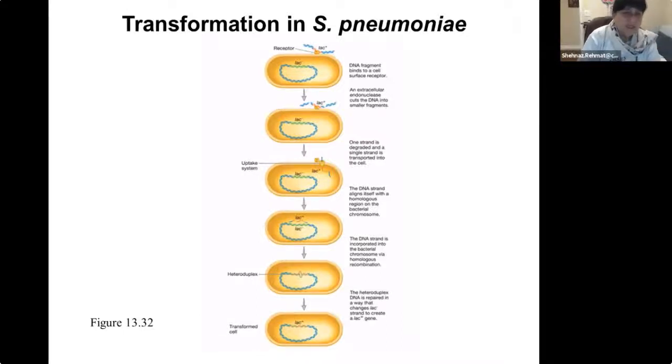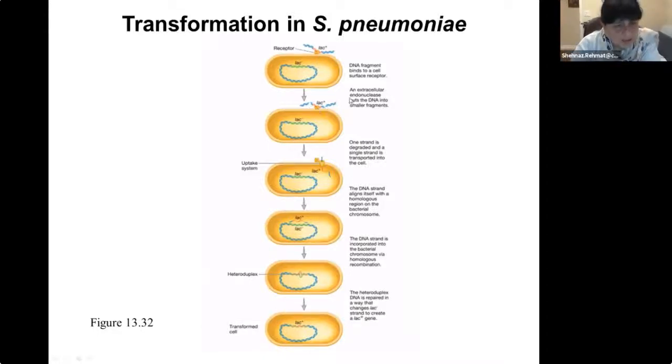This DNA can now be taken up by a recipient cell. So the recipient cell should have a receptor where the DNA will bind. Large DNA pieces will not go in, as there's a limit to how big a piece of DNA can go through in the process of transformation.